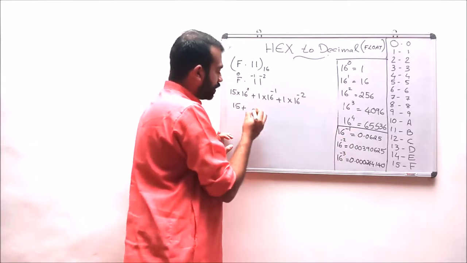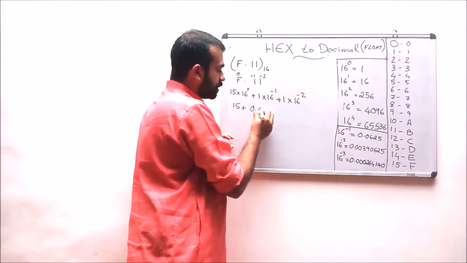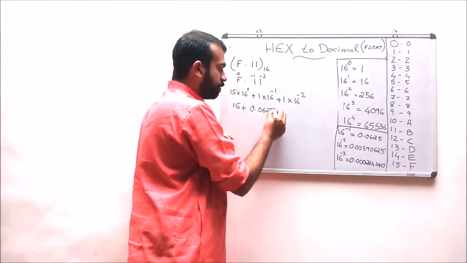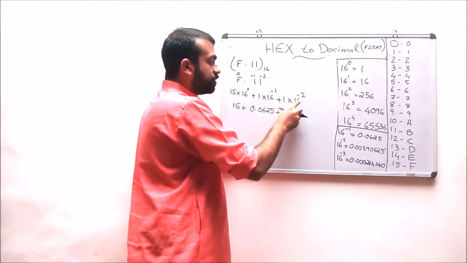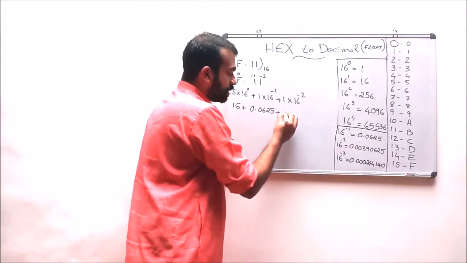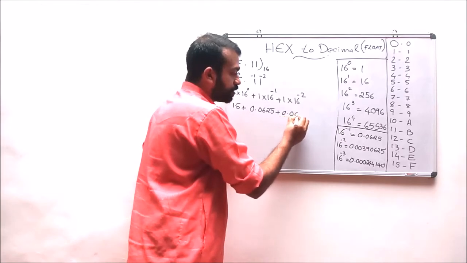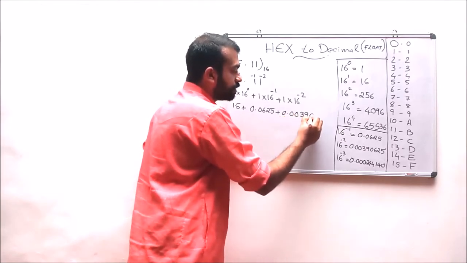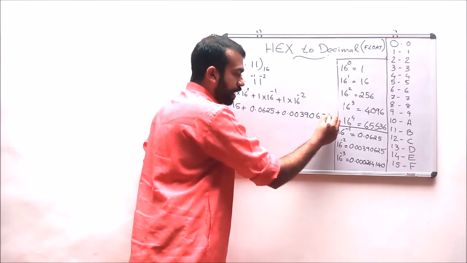16 raised to minus 1 is 0.0625, plus 1 into 16 raised to minus 2 is 0.00390625.